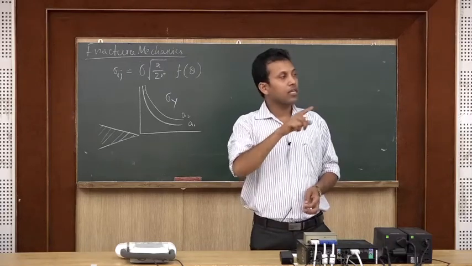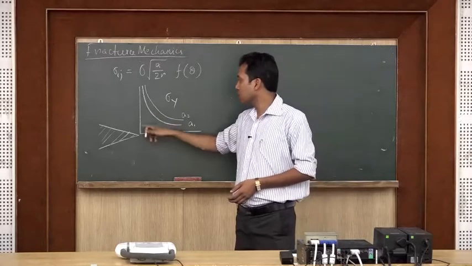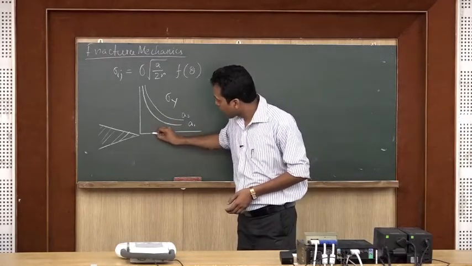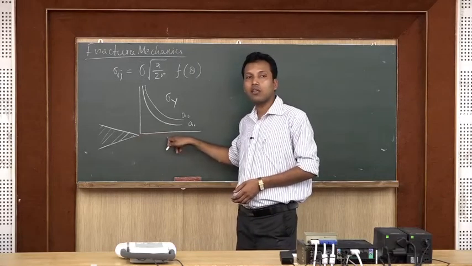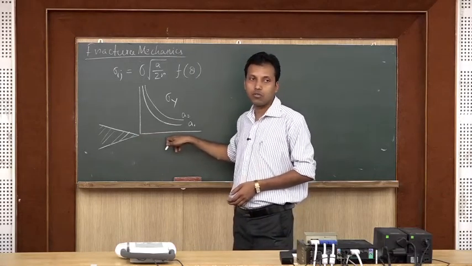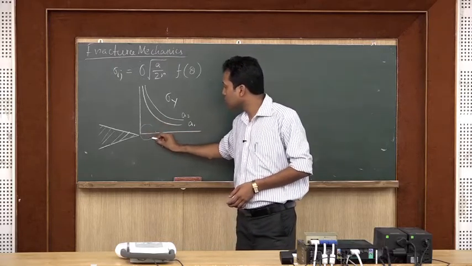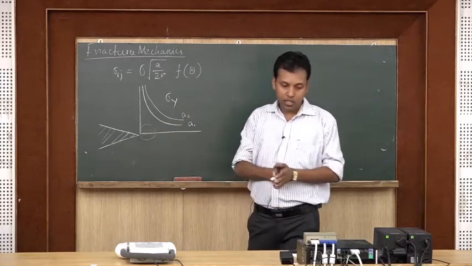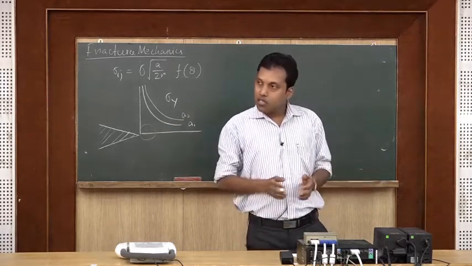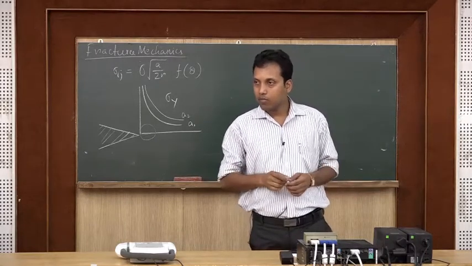So if there is a crack present in a material, then due to presence of the crack, up to some certain distance ahead of the crack there will be some certain plastic zone, okay. Say this is the extent of plastic zone, okay. So we have to compute what is the extent of a plastic zone in a material, okay.